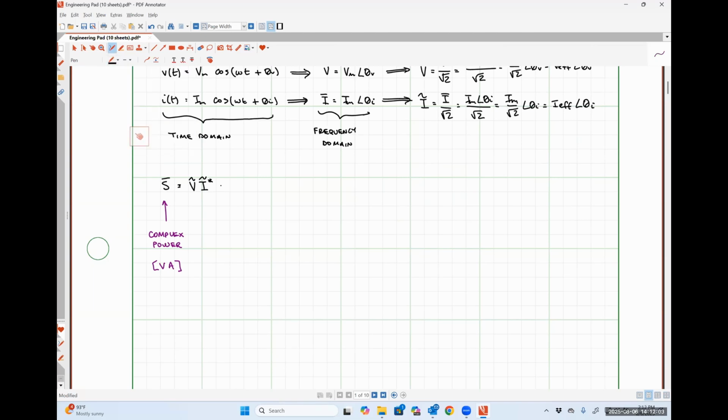So now let's expand this thing out. I'm going to start with rectangular form.